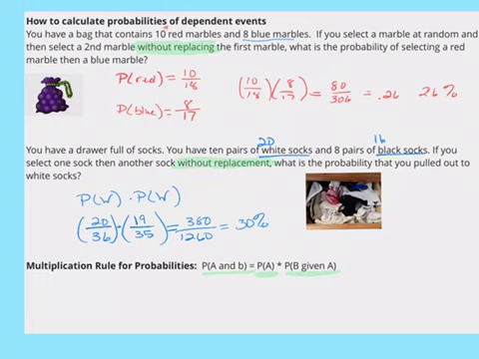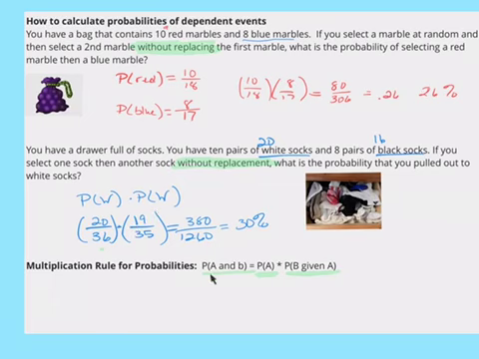So the probability of A with the socks was 20 out of 36. And then once A had taken place, the probability of B given A was affected and we adjusted it to 19 out of 35.